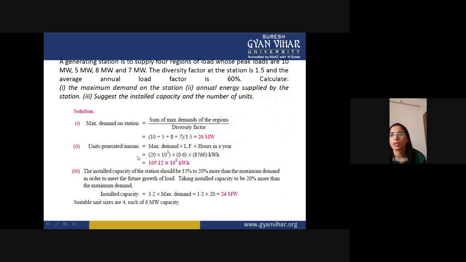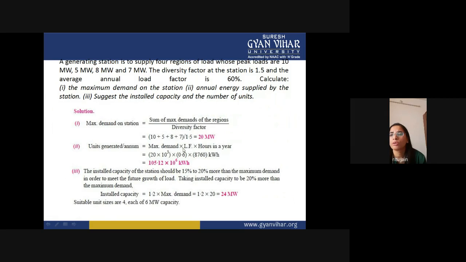Now come to the next point, annual energy supplied. The unit of energy is kilowatt hour. First you have to know the generation, which is 20 megawatt, and the load factor formula is average load divided by maximum demand. The average load can be replaced by units generated per annum divided by hours.